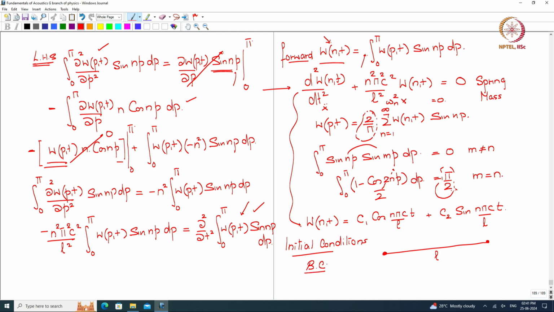These boundary conditions give us the mode shapes or admissible function sine n pi x over L. Then we are going to drive it using initial conditions, but no other forcing. And the boundary conditions are homogeneous boundary conditions.